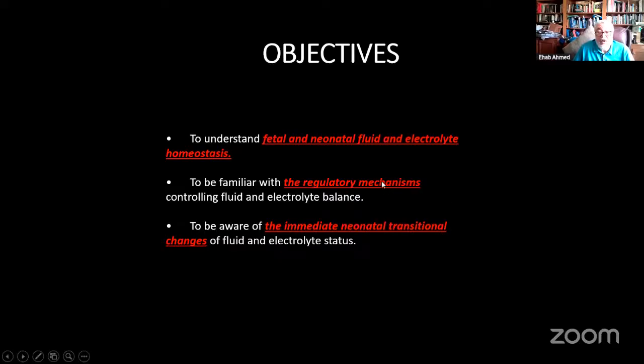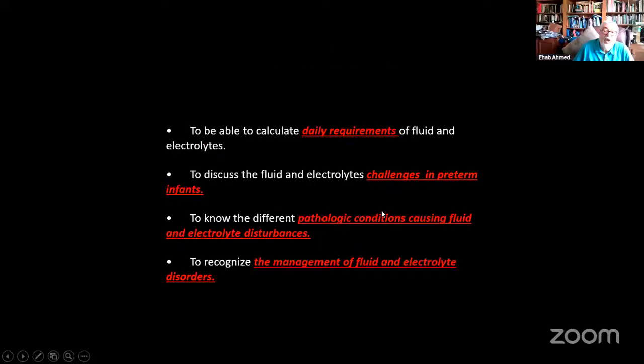Because if we don't know that, we don't know physiology, we don't know pathology. Because the treatment is to turn pathology back into physiology. And what are the immediate neonatal transitional changes that occur to the term and preterm babies? What are the daily requirements for both?